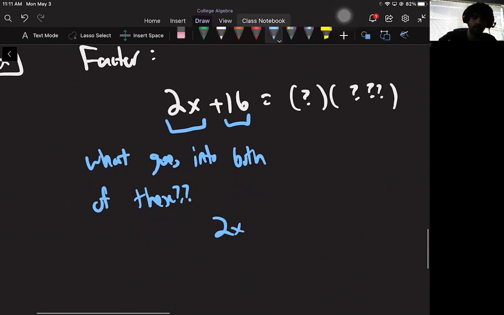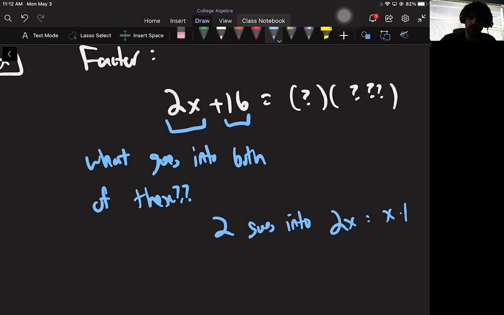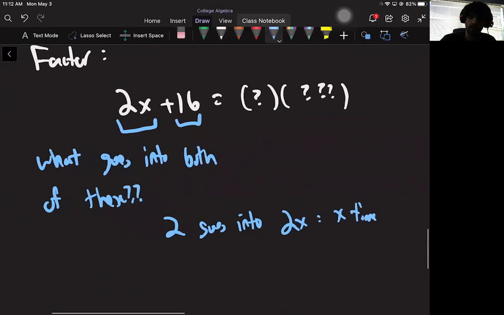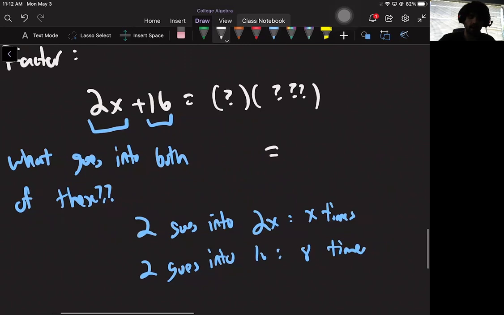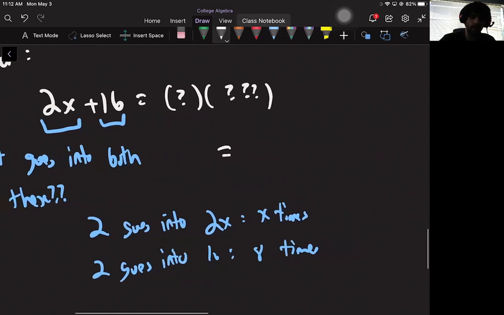2 goes into 2x. How many times? x times. Just means that 2 times x is 2x. And 2 also goes into 16 8 times. So the idea is that I'm factoring by dividing out this 2 that goes into both things.